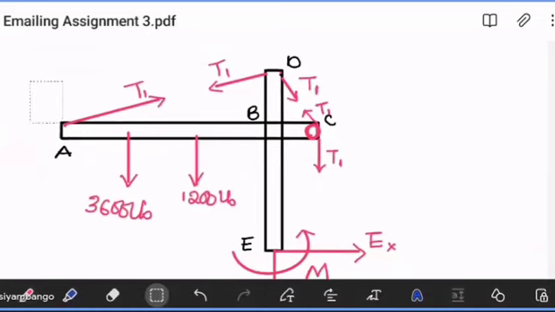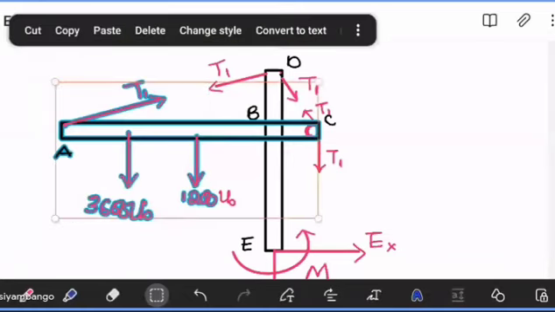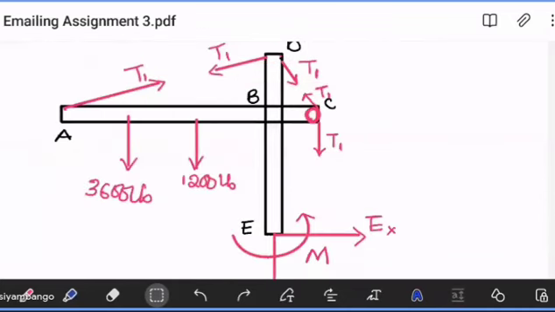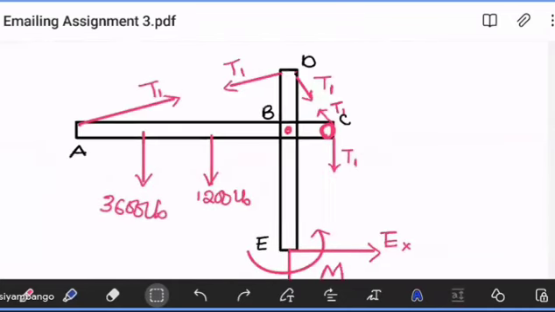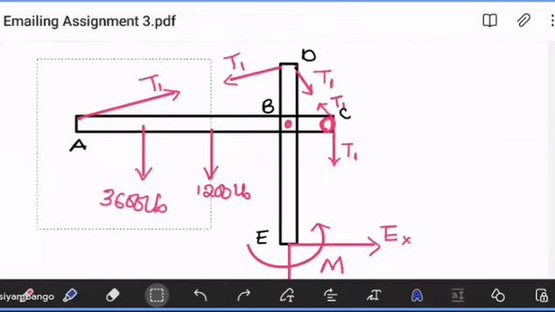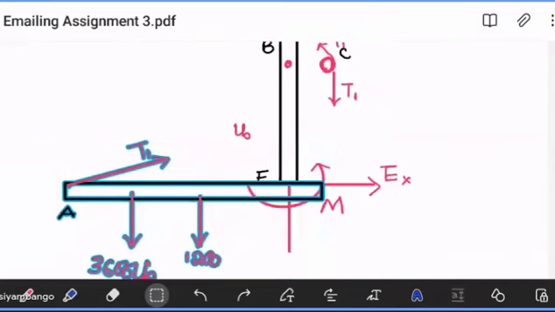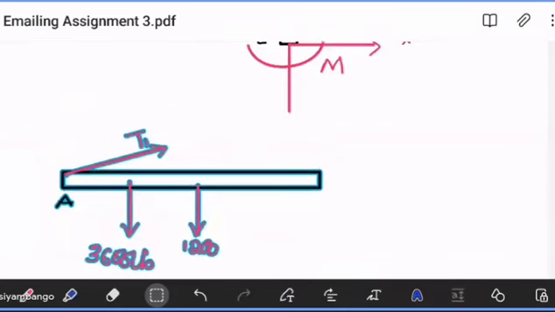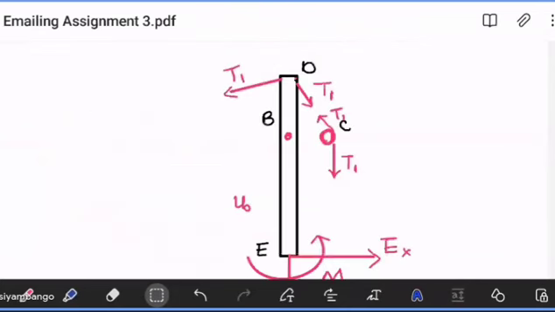So look at what happens when I get the member ABC. For the member ABC, I only capture it up to here. I'll get the member ABC and copy it up to somewhere there. I have separated the member ABC from the member DBE.